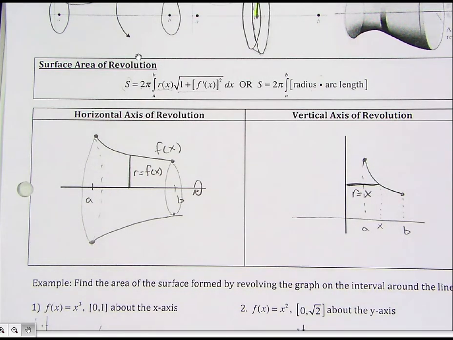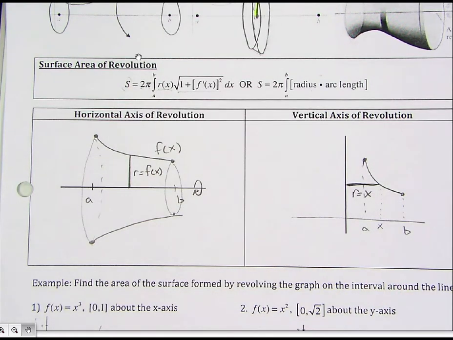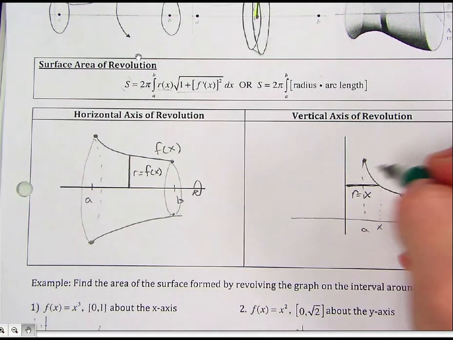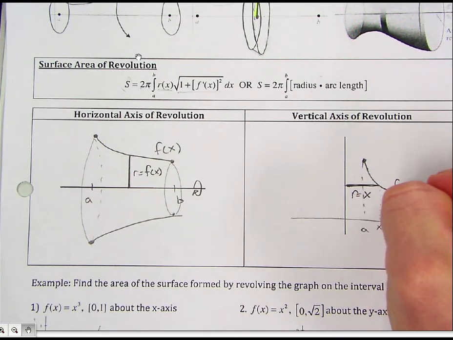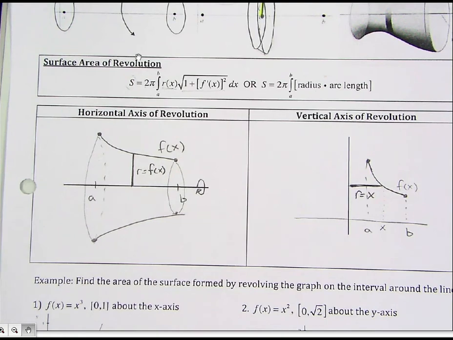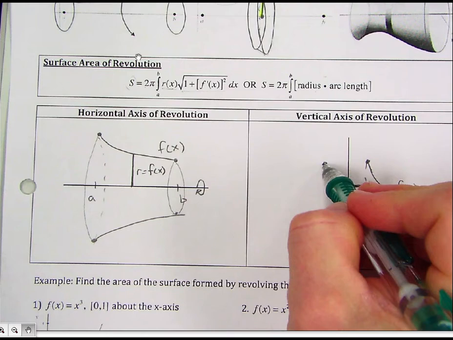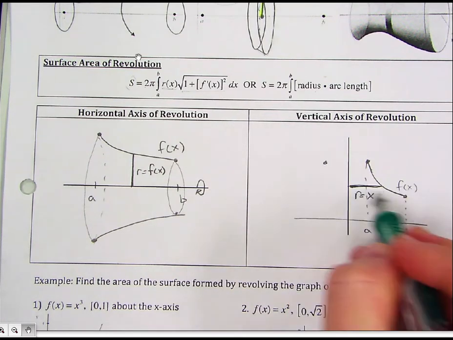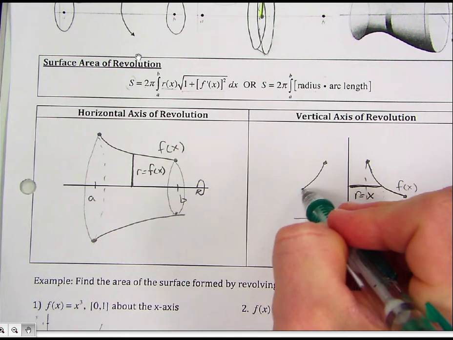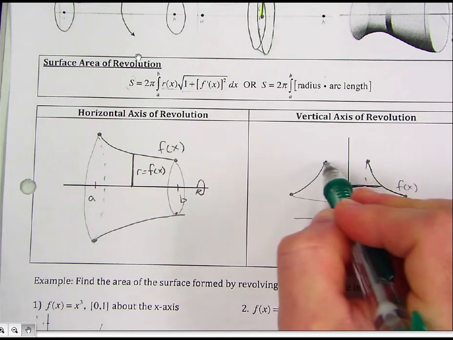That's why we're doing the integral. So it's the sum of all the different ones. Now it turns out that the arc length is still based off of f of x. So the only thing that changes here in going around the vertical axis is the radius, where it was y, it is now x.